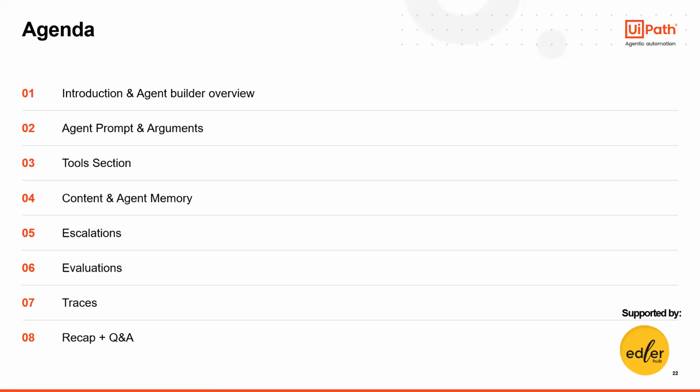What is the tools section? How do you involve tools in your agentic automation? What is context and agent memory? And then escalations: how can an agent escalate to a human user when there is an issue? Then how do we evaluate your already built agent, and how do you trace if there are any errors. And at the end, we can have a quick recap and then a Q&A session.